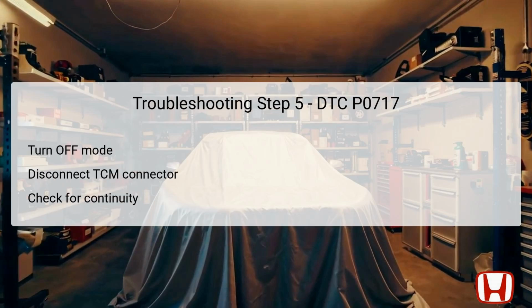Step 5 involves turning the vehicle to the off-lock mode and subsequently disconnecting the TCM, Transmission Control Module 50P connector. This action is necessary to isolate the circuit for testing continuity. During the testing procedure, continuity must be checked between test point 1, female terminal number 2 of the torque converter turbine speed sensor connector, and test point 2, body ground.